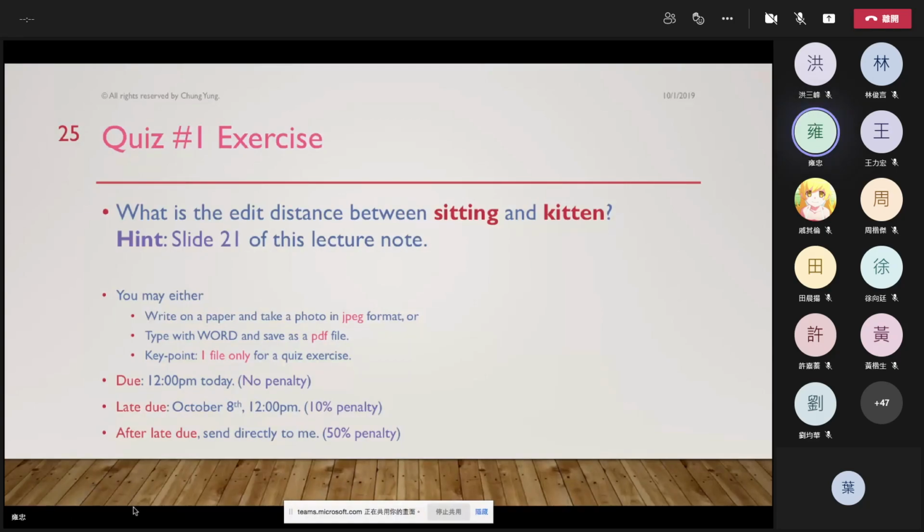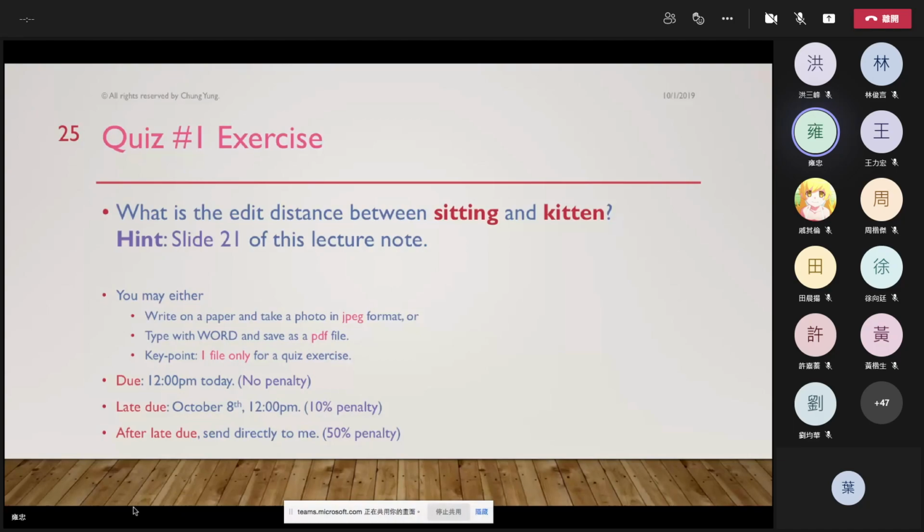The regular due for this exercise is 12 o'clock today, the noon. If you can upload the quiz exercise before noon, there is no penalty for quiz 1. Late due, we only accept late handing before October 8th, 12 o'clock. That's 1 week.